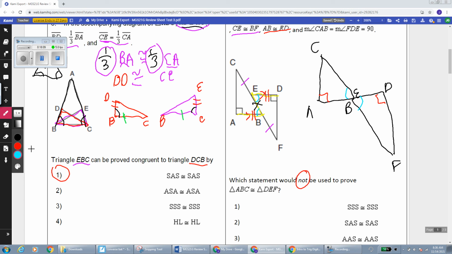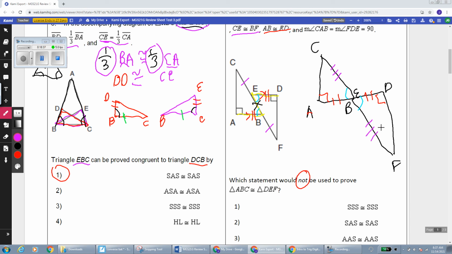I thought this would make it clearer, but I think this is just making it a bit more confusing at this point. We know that AB is congruent and parallel to, but congruent to ED. And we just talked about how we can prove that CB is congruent to EF.